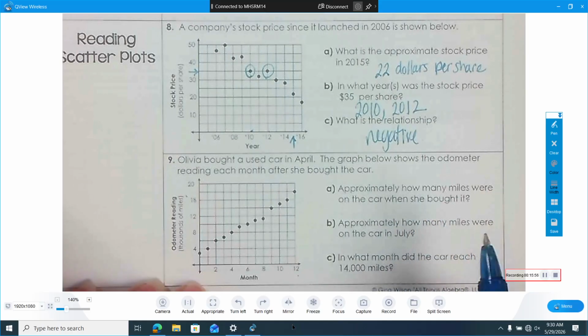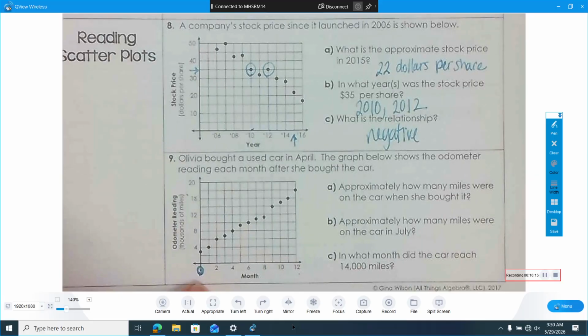So what's this point at 0? 3,000, 2,500, maybe 3,000. But what does that mean? At the very start, when she got the car, she had it 0 months, that was the first day. So this dot at 0 months is when she first acquired the car.